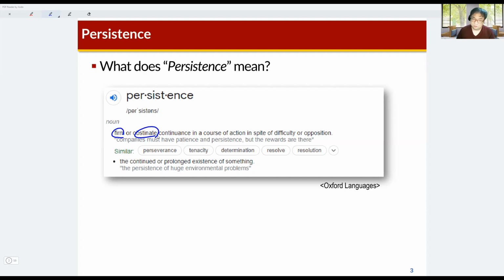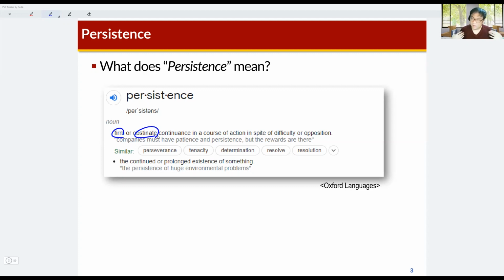But as you can see, the meaning has some kind of negative sense, such as stubborn or obstinate, in spite of a difficulty or opposition. That's the normal meaning of persistence.